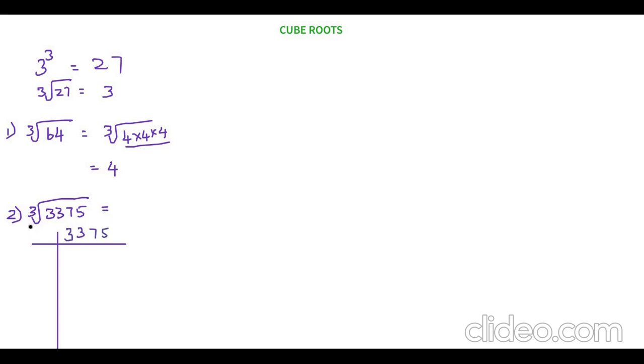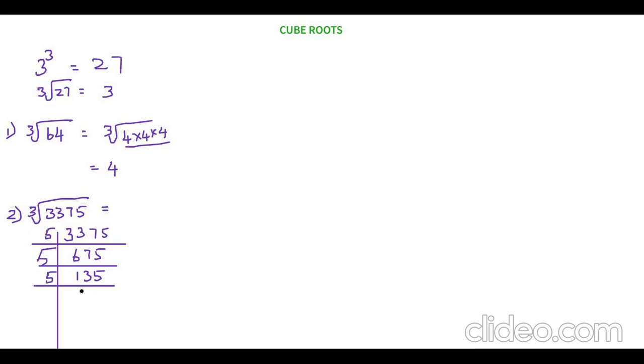So 3375 is divisible by 5 because the last number is 5. So this is 675. 675 can be further divisible by 5. So we get 135. 135 is also further divisible by 5.